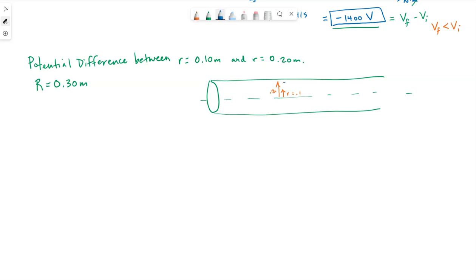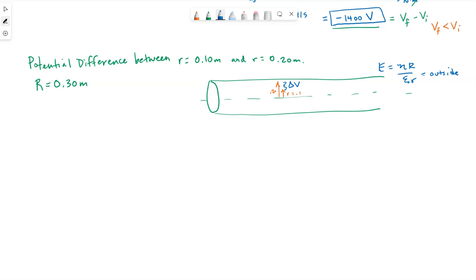So the potential difference between 2 points that reside inside the cylinder. Okay. Now the electric field equation they gave us before, this one, is valid for outside the cylinder. Specifically outside our conductor with a surface charge density.